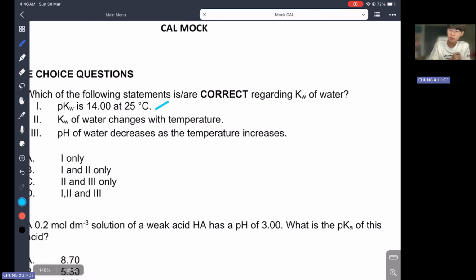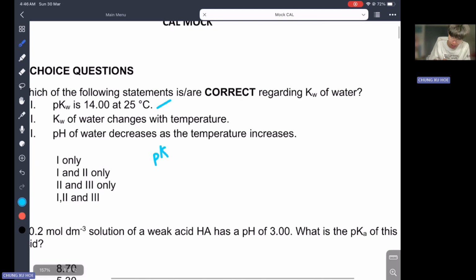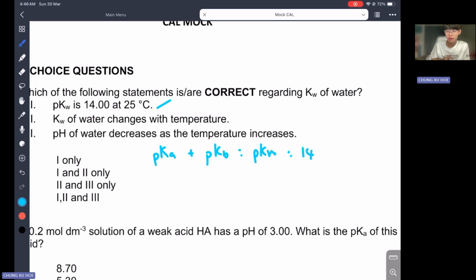So the first statement I think is correct. Why? They say pKw is 14 at 25 degrees Celsius. How do I know? I'm not going to explain in too much detail, but the first equation that comes to my mind is pKa plus pKb equals pKw. And my pKw is equal to 14. How do I know my pKw is 14?